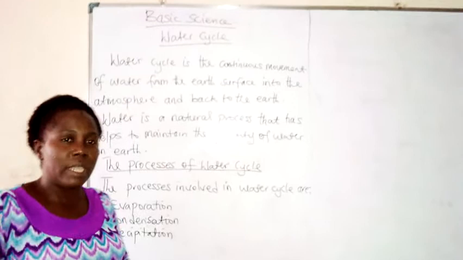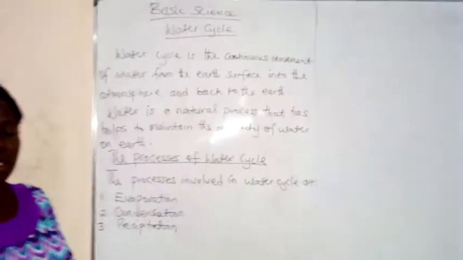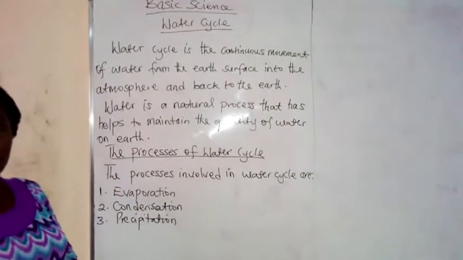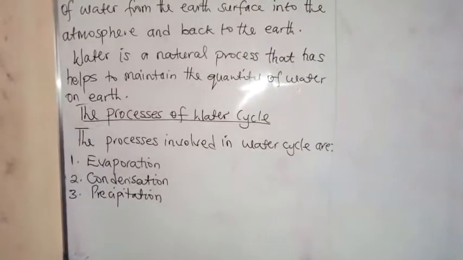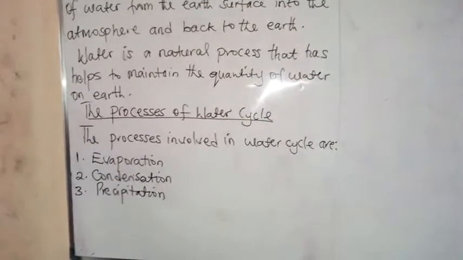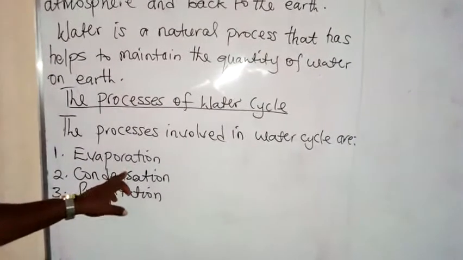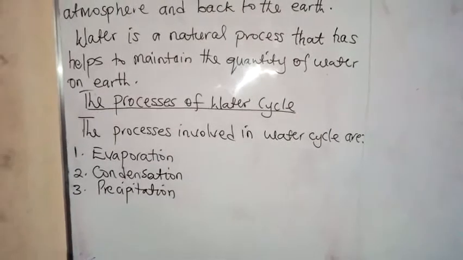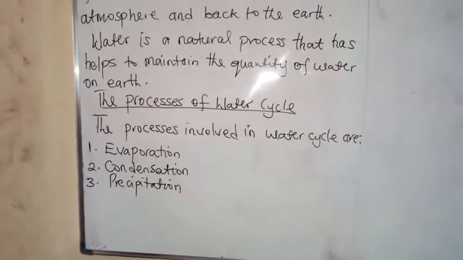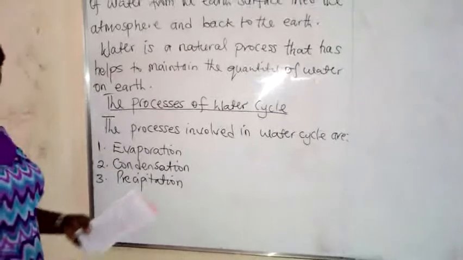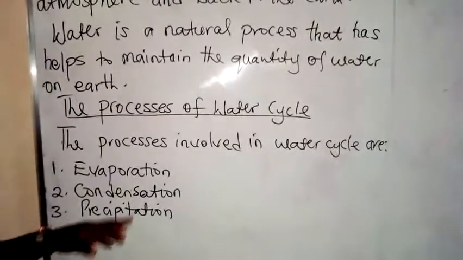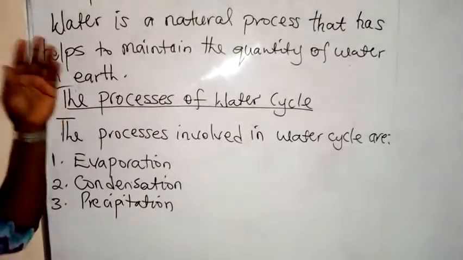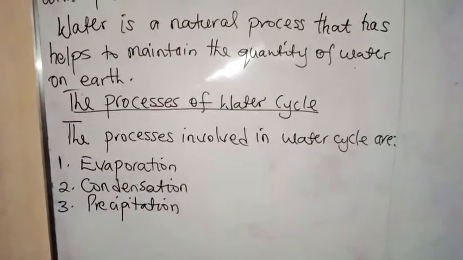Evaporation is the process in which water changes into vapor or gas. Then what is condensation? Condensation is a process in which water vapor changes back to water, the liquid form of water. The vapor now goes back to liquid. That's condensation. While precipitation is any form in which water falls from the atmosphere onto the earth.